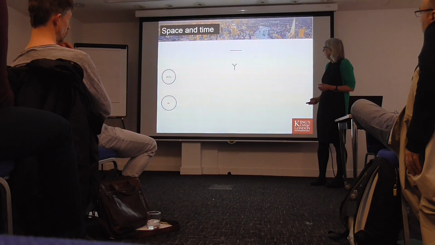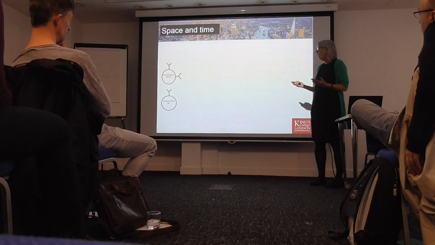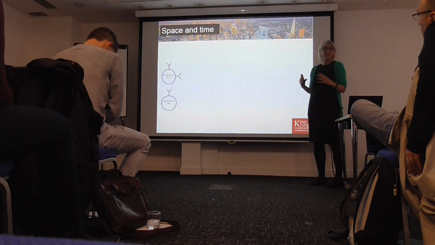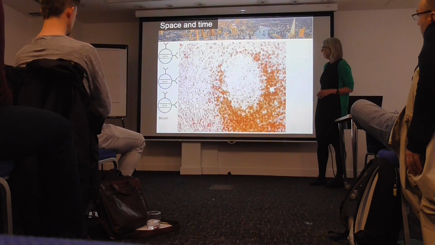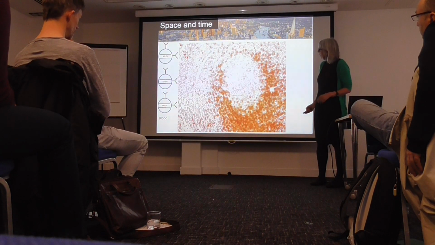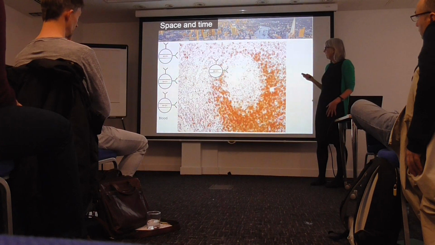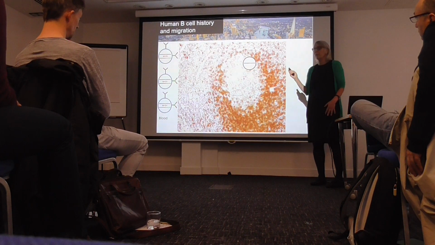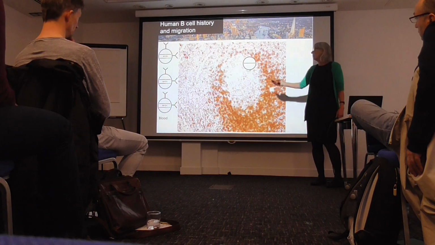So the gene that's inside the cell codes for the antibody on the surface, and we know that the cells then act according to the antibody, but the gene contains the signatures of what went on. So this is a section of human tonsil. So the cells circulating in the blood will enter the lymphoid tissue through the high endothelial vein. If this cell becomes activated, it will completely change its phenotype as it enters a germinal center response.